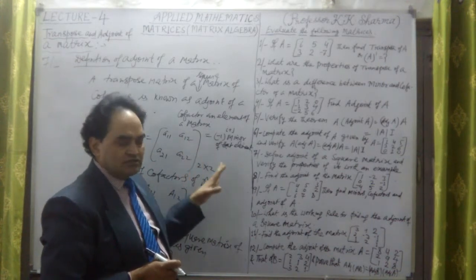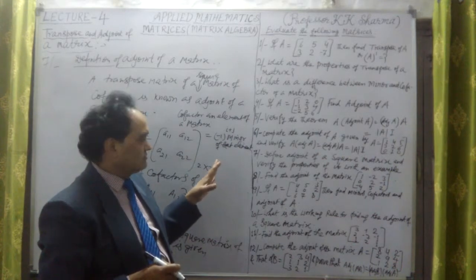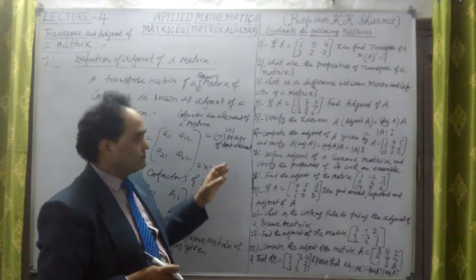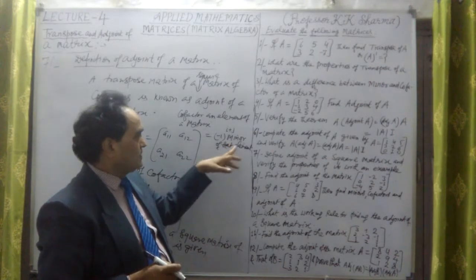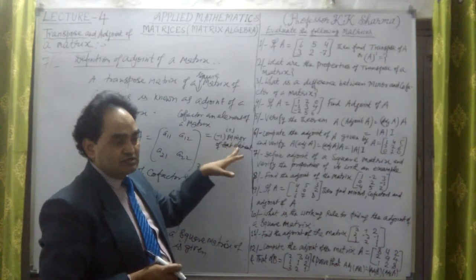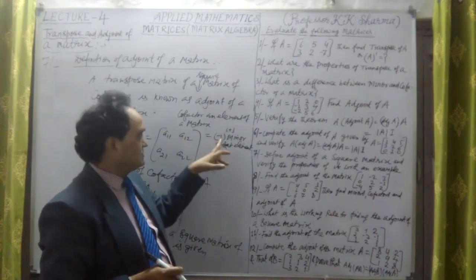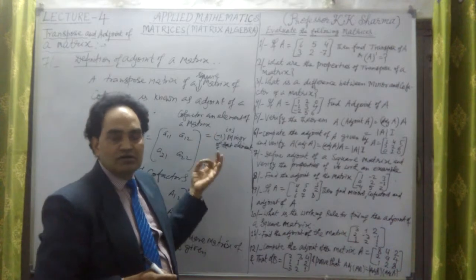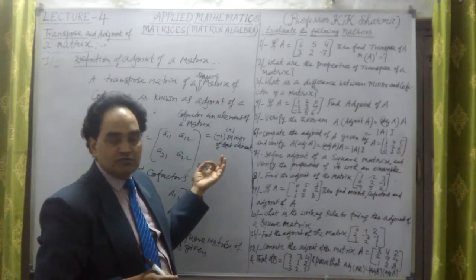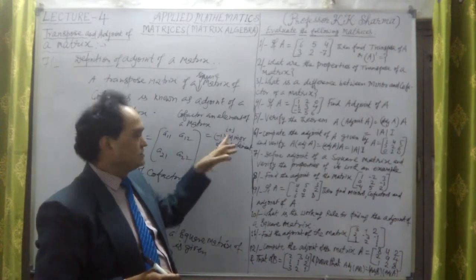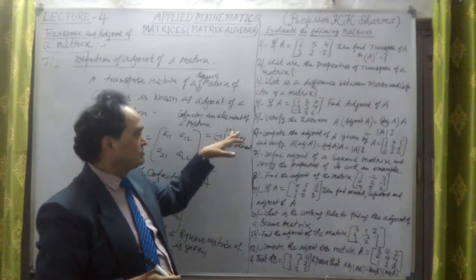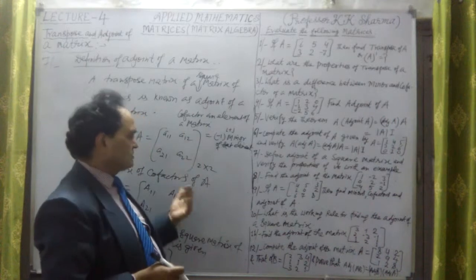Whatever is left over, we find the determinant of that, and that value is known as the minor. The minor is without any sign, but minus 1 raised to power i plus j gives us the sign, negative or positive. If the sum i plus j is an even number, it is positive. If it is an odd number, then it is negative, as we have just calculated.